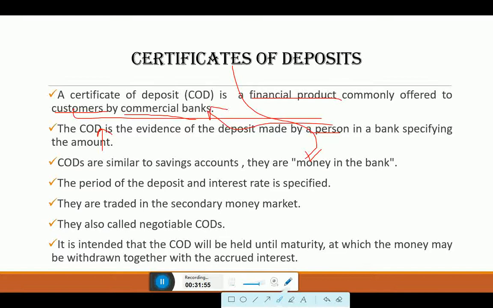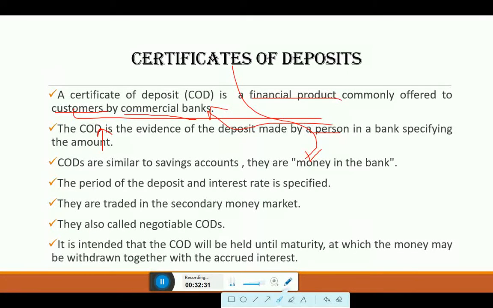Okay, so for example, if Ahmad needs his money back before the maturity, what can he do? He can basically sell this certificate of deposit to someone else who is willing to buy it and wait for the remaining maturity, so that the profit that was to be received after the maturity is divided between the new buyer and the original buyer.